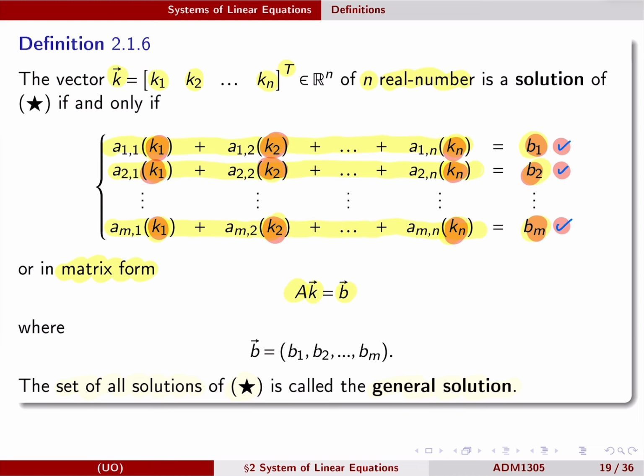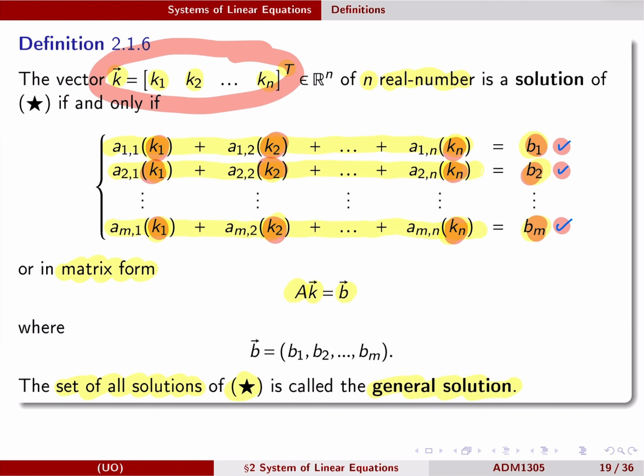So again, here is some terminology. The set of all possible vectors, the set of all possible n-tuples that fit in the system star, is called the general solution. So when we ask you to find the general solution of a system of linear equations, we're trying to find all those n-tuples that fit in that system of linear equations.